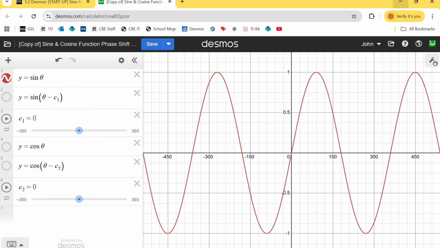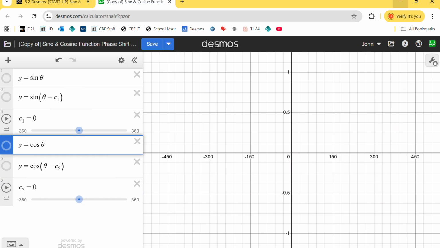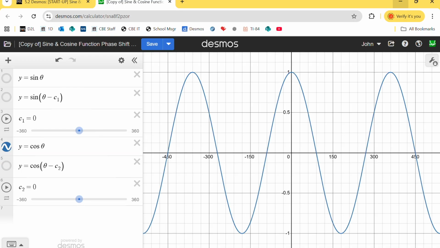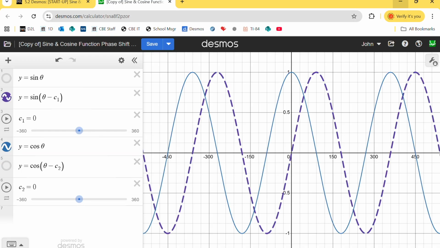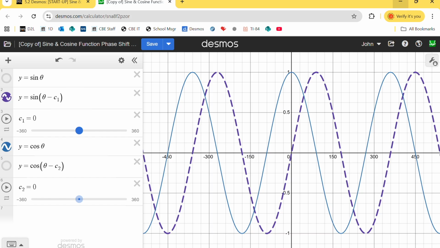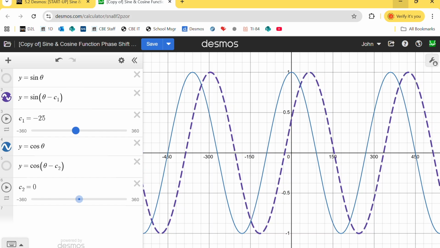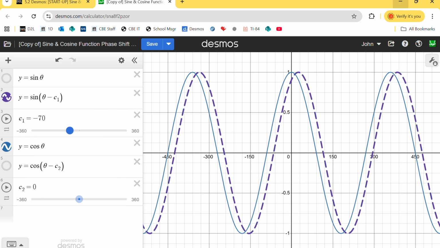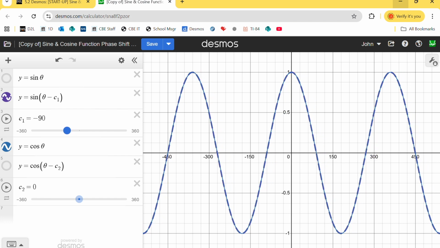Okay, what about the other way? If I start with a cosine function, what is the equivalent sine function? What phase shift do I have to apply to the sine function to match the cosine function? We know it's out of phase by 90 degrees, but 90 degrees to the left, so I have to do this, and you see the sine function matching the cosine function.